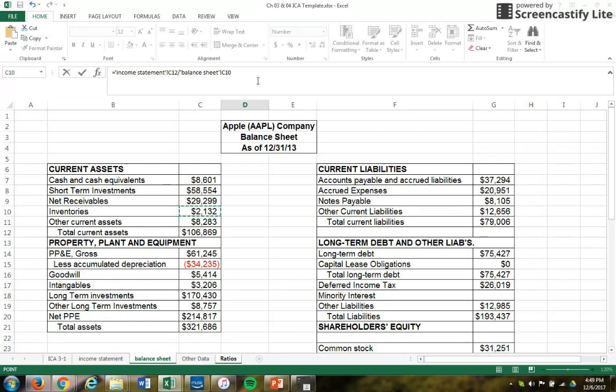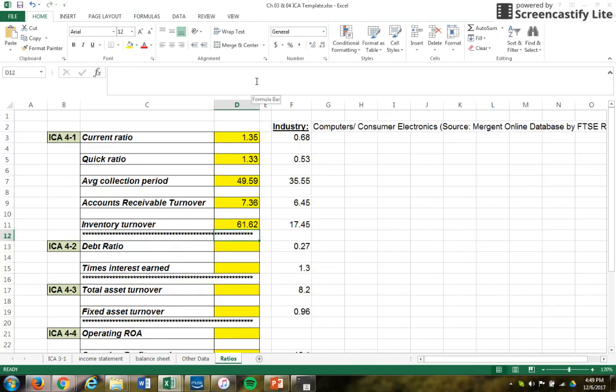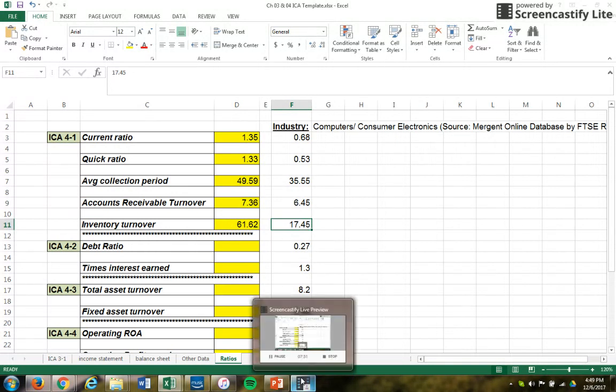We can just hit the enter key, and that gives us an inventory turnover of about 61.62 times, which is extremely high for the industry. Average for the industry is 17.45, and they're at 61.62. So they are turning over their inventory almost 3 to 4 times faster than the industry average we see.